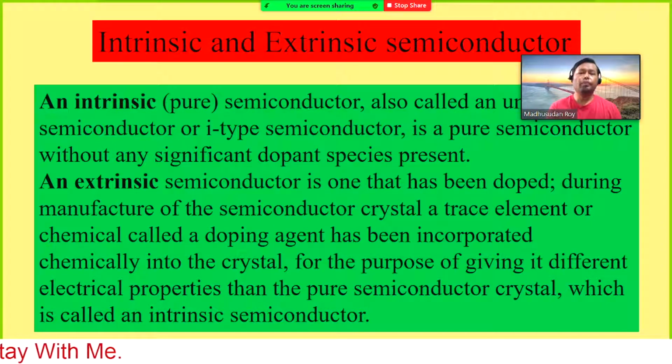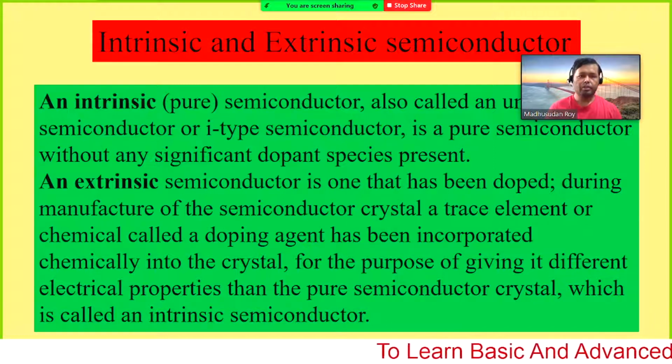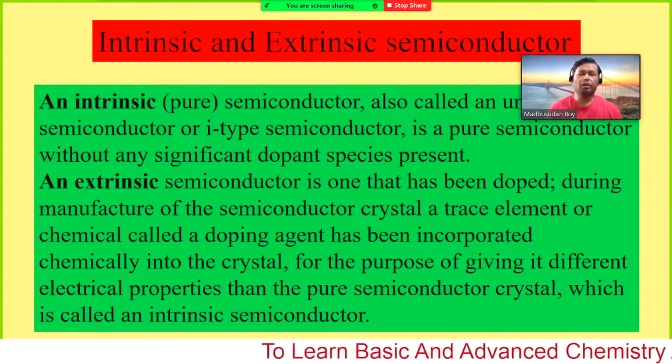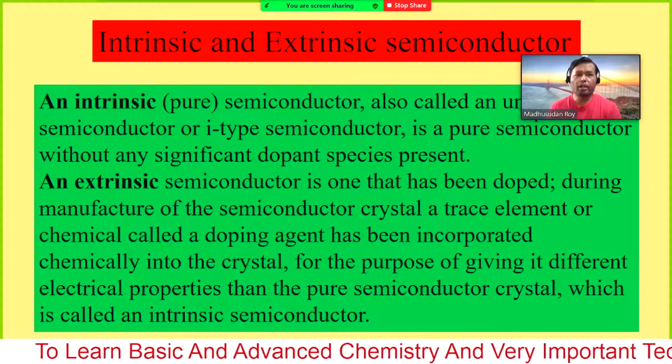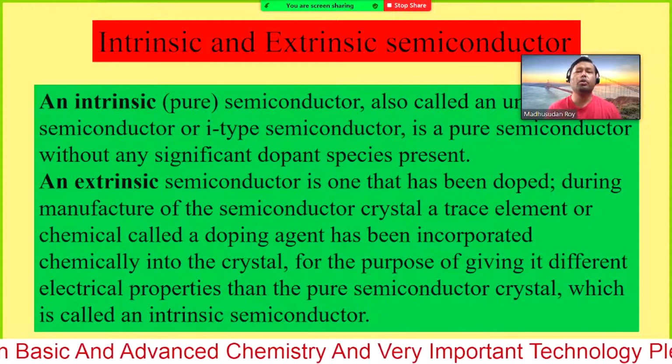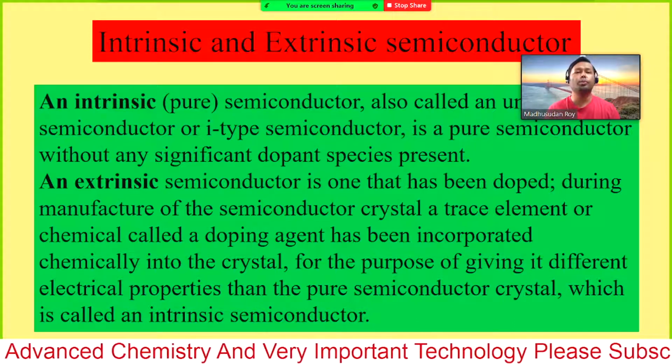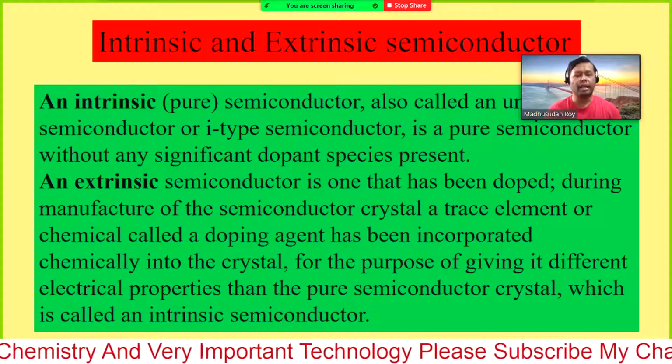If we have a pure semiconductor, all the atoms in the intrinsic semiconductor have 4 valence electrons. So it is half filled, and we need 4 electrons to share, or 4 electrons need to be donated to combine with other elements.